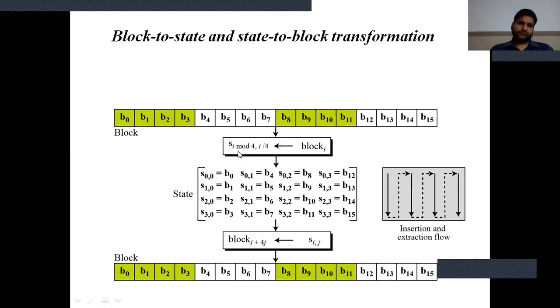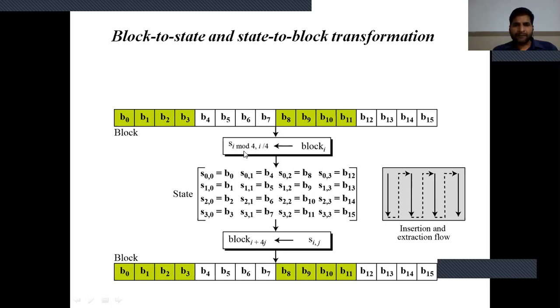So the block diagram is stored like that: first B0, B1, B2, B3, and next B4, B5, B6, B7, next B8, B9, B10, B11, then B12 to B15. S00 is stored in B0, S10 stores the value B1, S20 stores B2, and S30 stores B3.